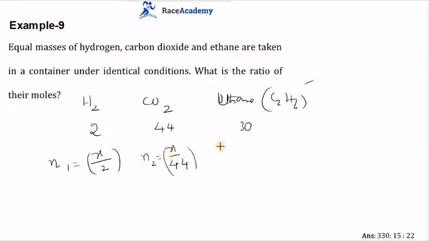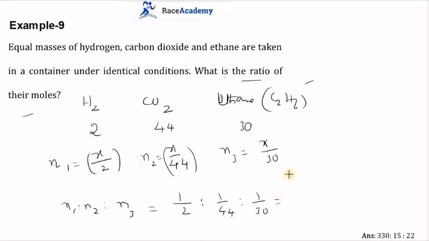I want to find the number of moles of ethane. I am saying it is N3, that is equal to x by 30. So they asked what is the ratio of their moles. That means N1 is to N2 is to N3. That is equal to how much? That means all x will get cancelled. That is 1 by 2 is to 1 by 44 is to 1 by 30.